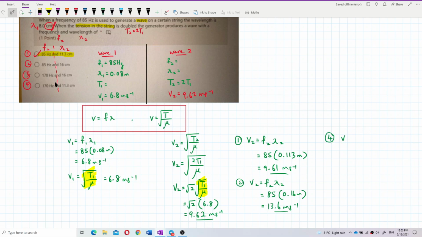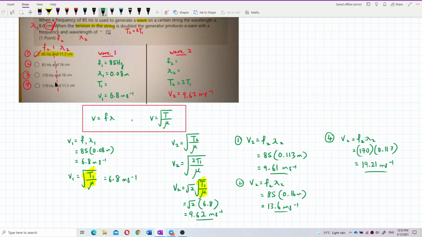Number 4, so V2 equals F2 lambda 2. So that one is 170 multiplied by the wavelength, divided by 100 per centimeter. So I get 19.21. So it's not possible.